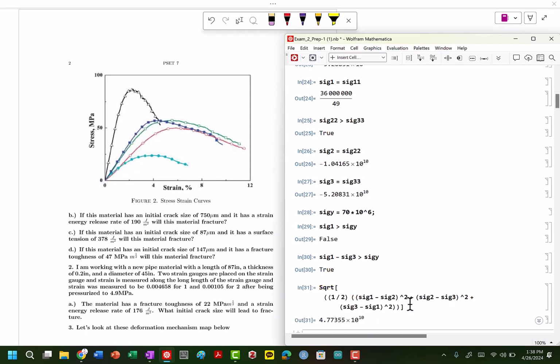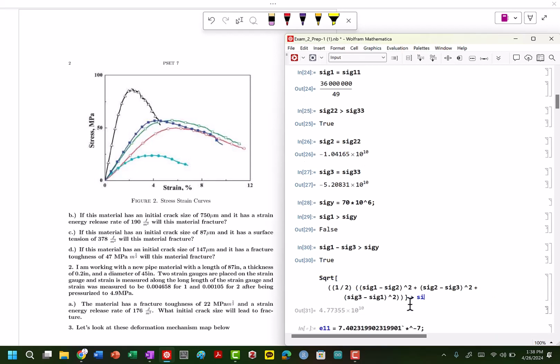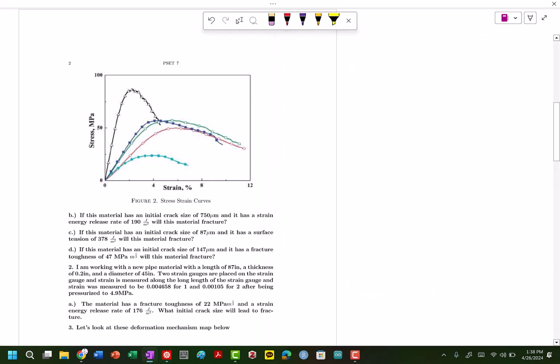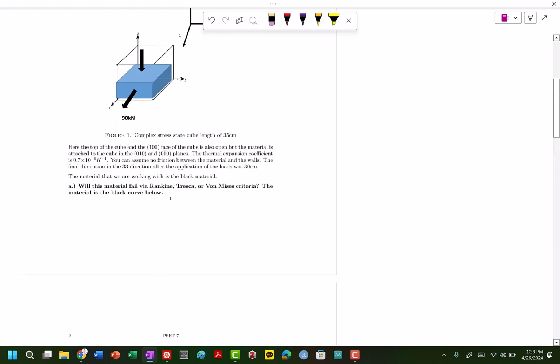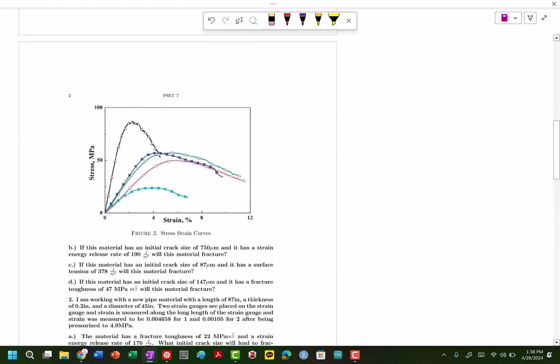And then is this greater than sig y? Yes, so it will not yield via ranking, but it will yield via Tresca and von Mises criteria, respectively. And I think that was what the problem was asking for. Let's scroll up. Good, we've got that.